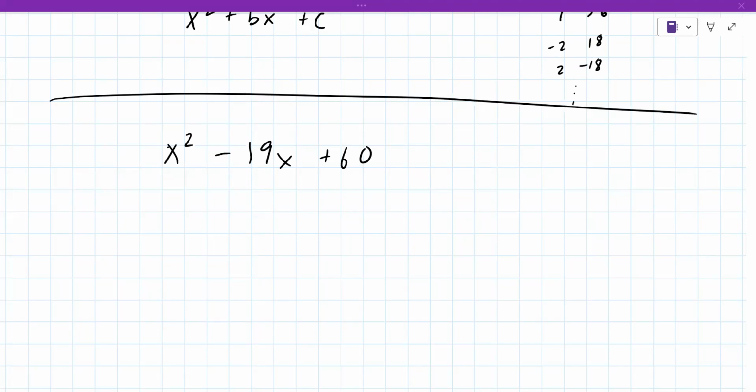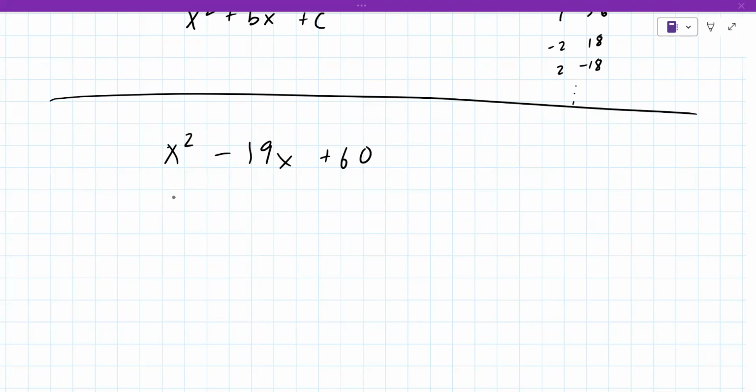That be it? No. Okay, and then 4 and 15. There we go. Wait, no, that's 11. Oh, okay, so it's 4 and 15.